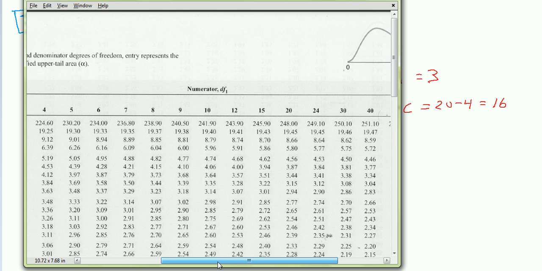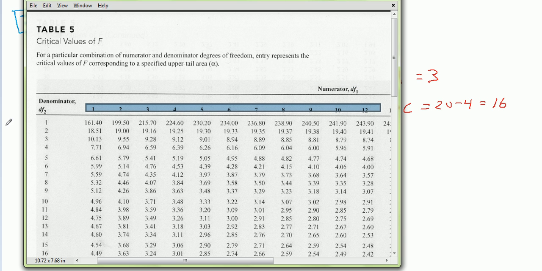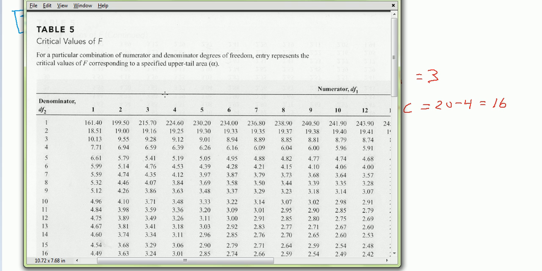Next, this table is organized with degrees of freedom numerator going along the columns and degrees of freedom denominator going along the rows. Your job is to match your degrees of freedom numerator, also called degrees of freedom 1, which was 3, to your degrees of freedom denominator, degrees of freedom 2, which was 16.